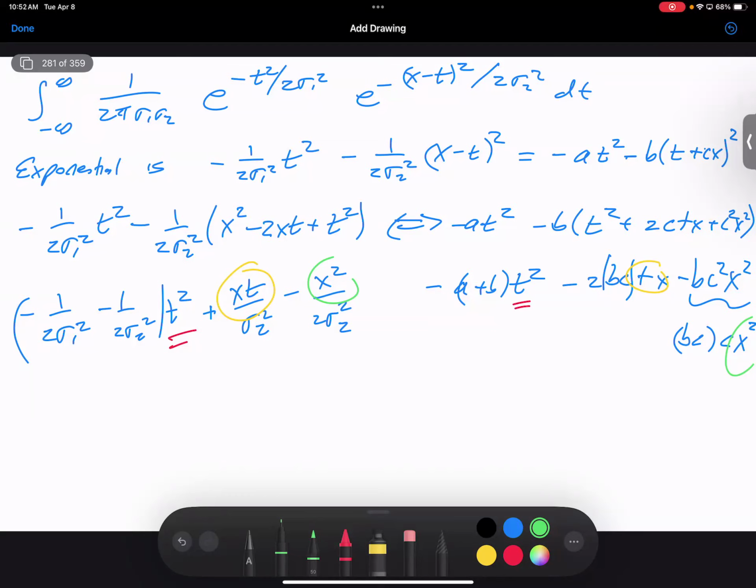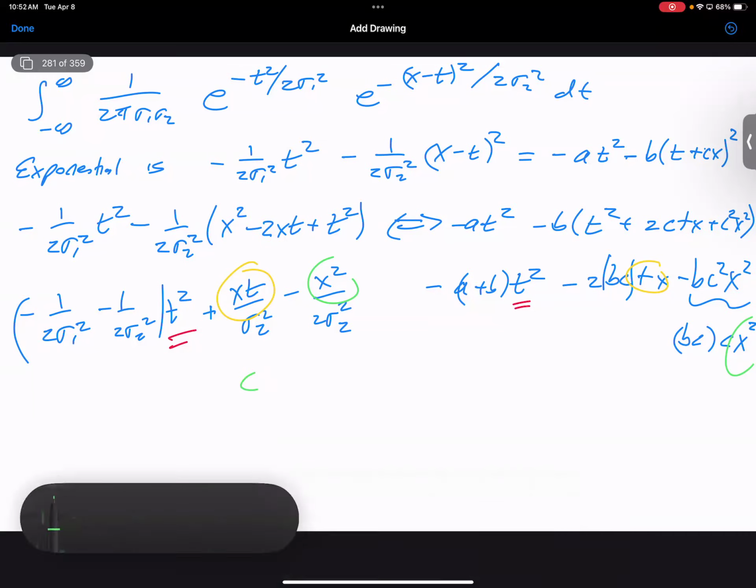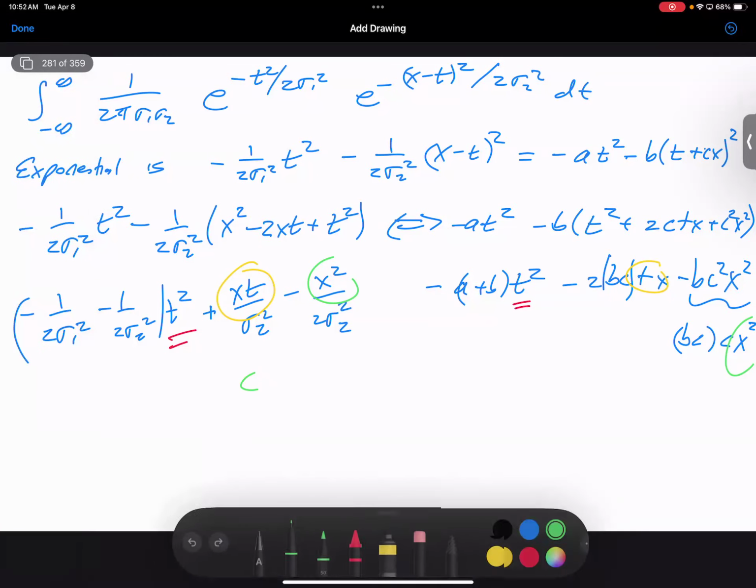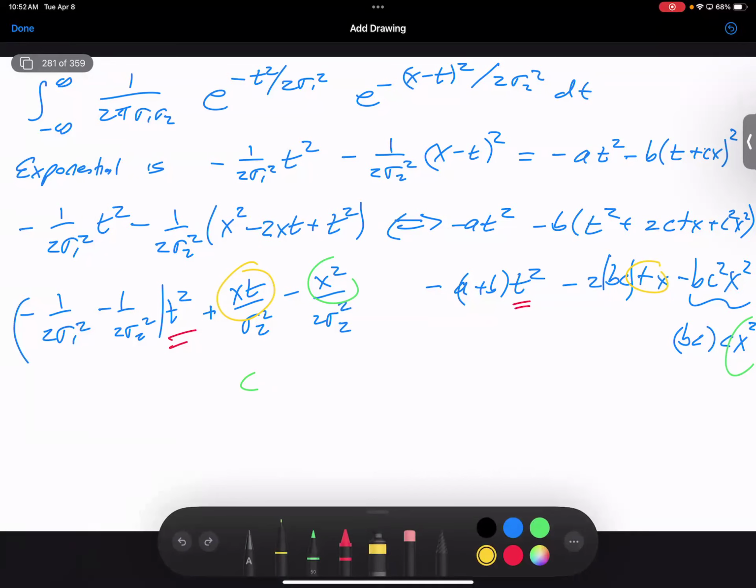Once I have that, can I make the x squared match? Yes, because I have that extra factor of c. So first, we choose bc to match the xt terms.